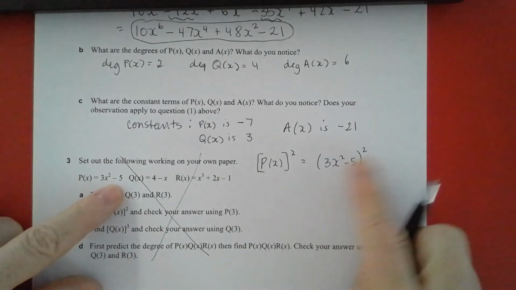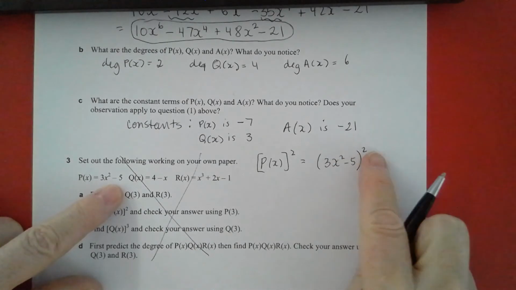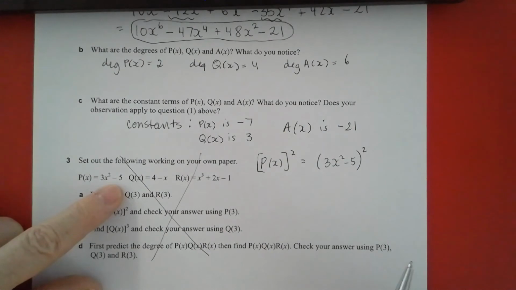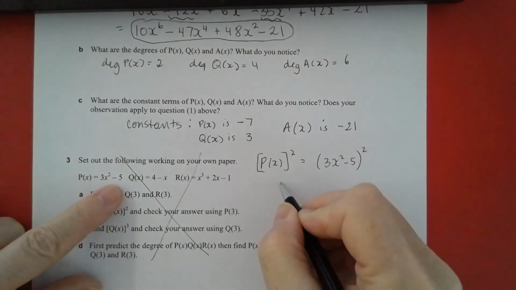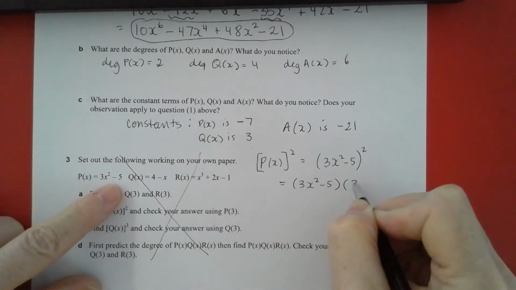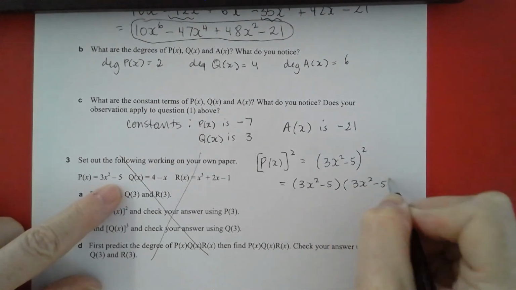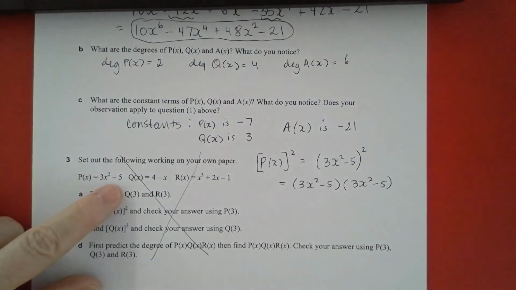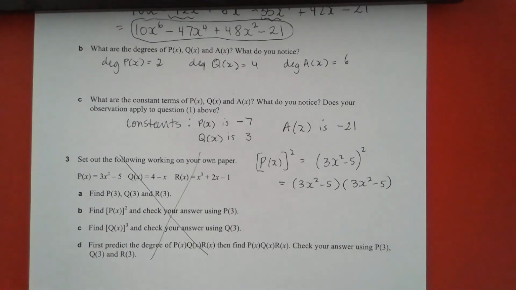Square, square? You have to do this. Write them out. You have to write it out twice. And then you just expand it out, right?